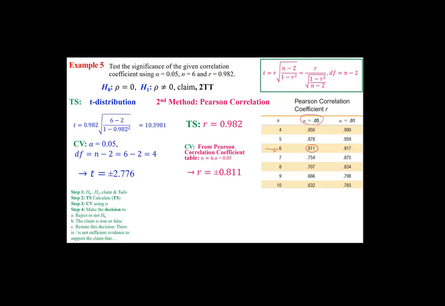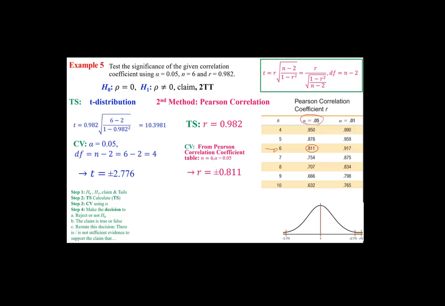So that wasn't too bad. Now, to make a decision, let's look at graphs. If we look at the graph for the first one, you have t equals plus or minus 2.776, and look at the test statistic, 10.398. It's way into the rejection region.